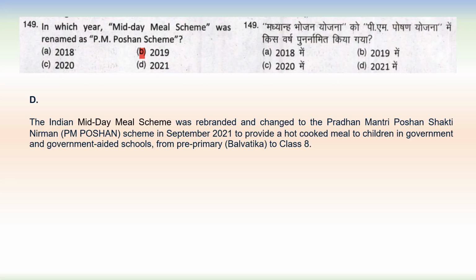Next one, in which year was the midday meal scheme renamed as the PM Poshan scheme? The Indian midday meal scheme was rebranded and changed to the Pradhan Mantri Poshan Shakti Nirman, PM Poshan scheme, in September 2021, to provide a hot cooked meal to children in government and government-aided schools.